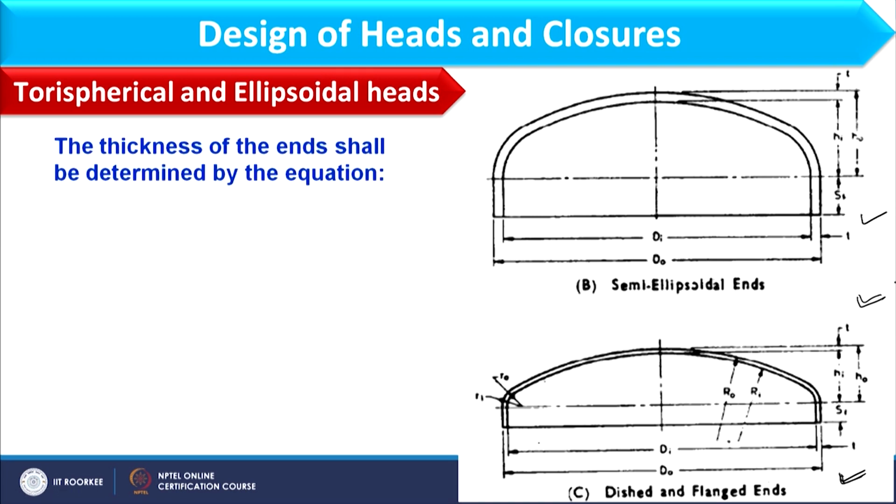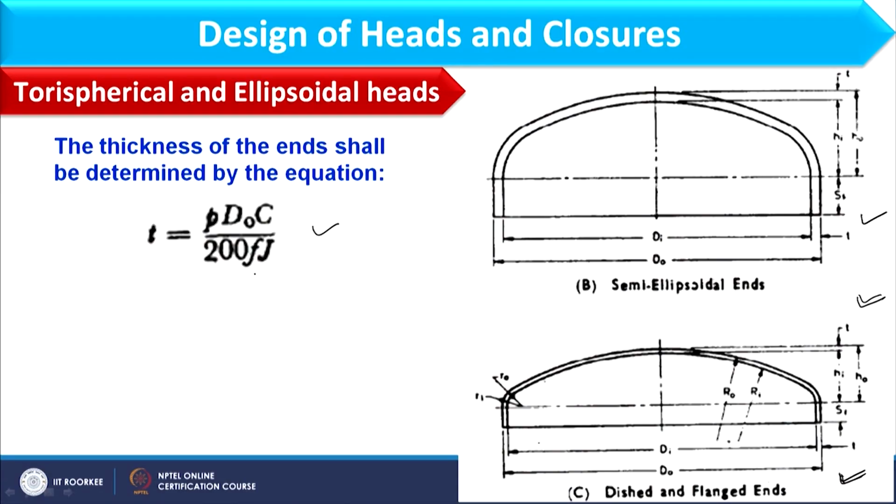So, the thickness of the head for these heads, the thickness of dished heads, can be determined by the following expression, which is T is equal to P d naught C by 200 Fj. Again here I am having 200, so I guess you understand, I do not need to repeat that again and again.